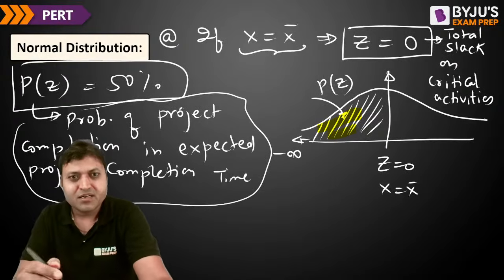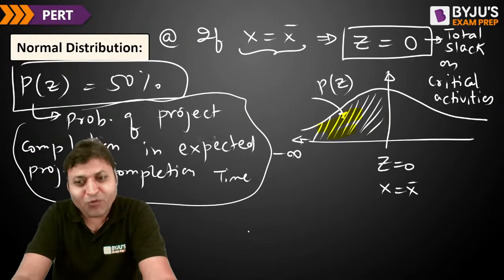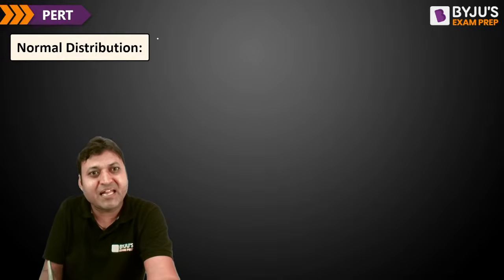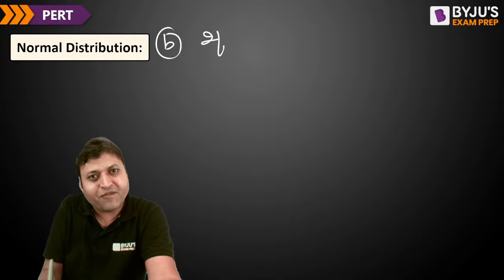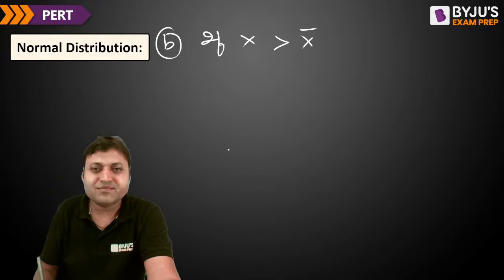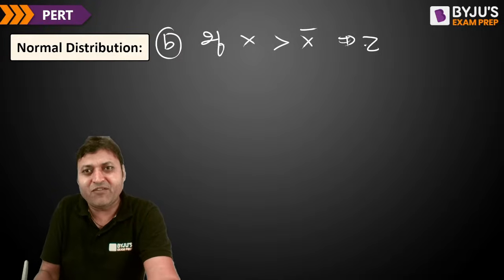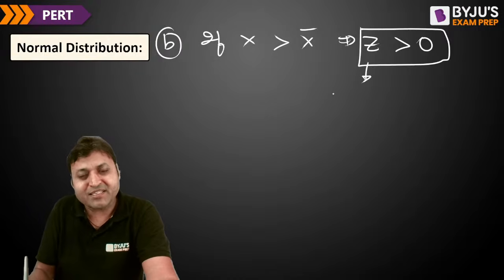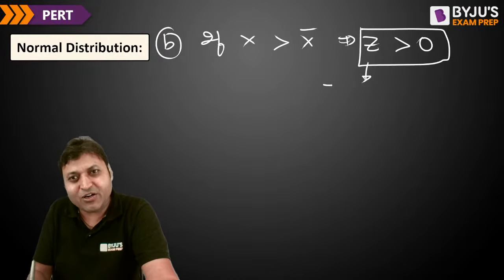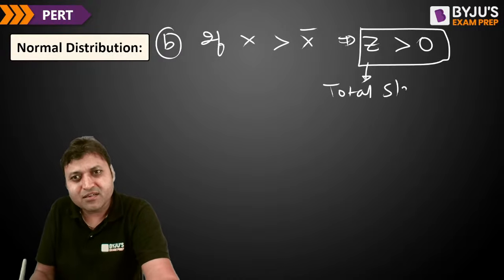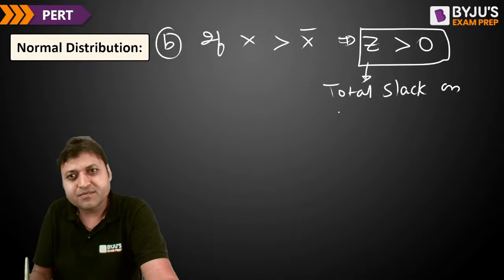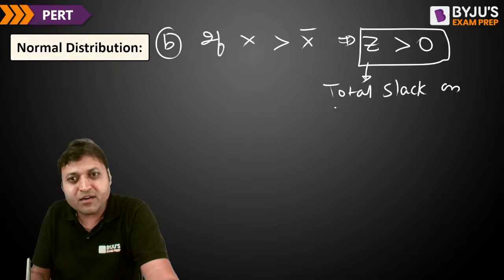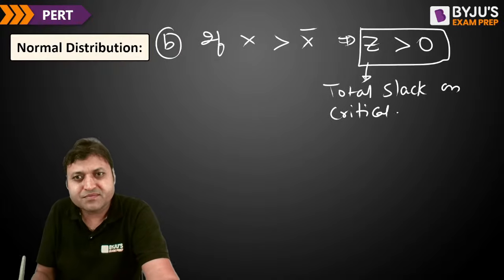Getting it? Now if we want the possibility of the project getting completed in more time than the expected time, if x is greater than x bar, then we can say z will be positive. Z is positive, which means total slack on critical activities.